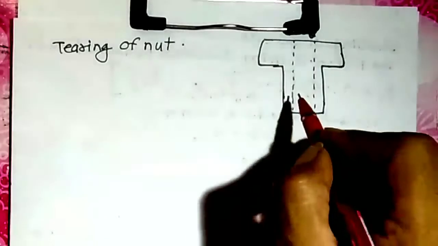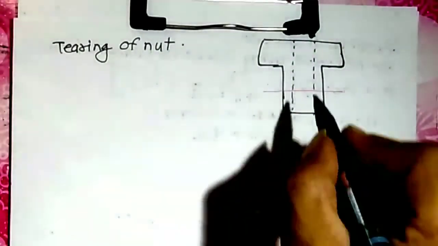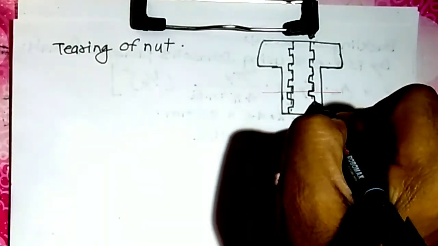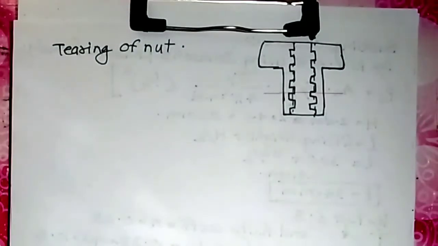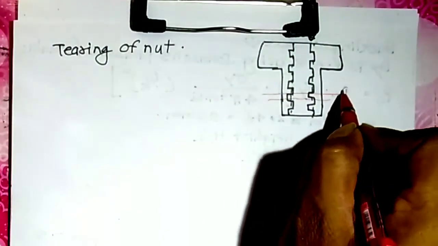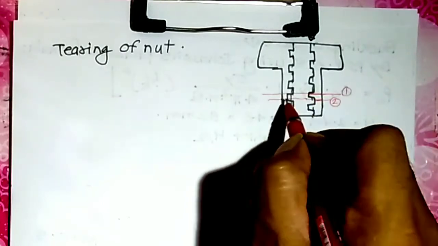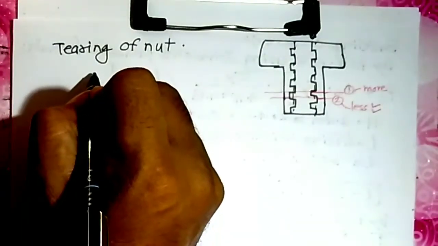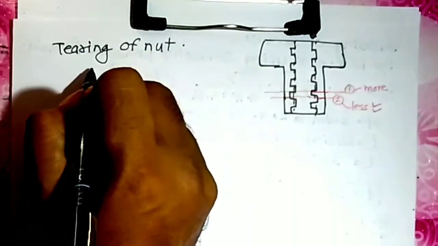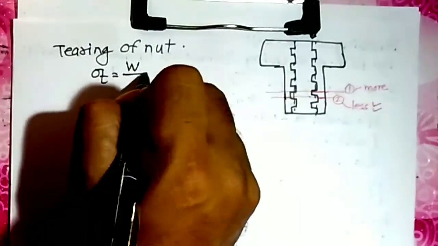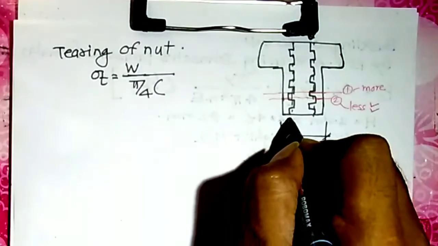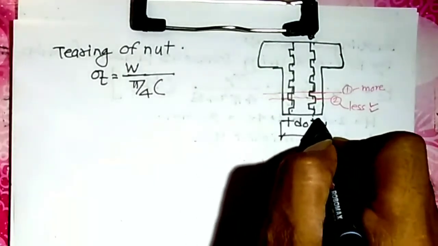Now after shear, let us consider tearing of nut. So tearing of nut will happen on DO and D1. So sigma T is the tensile failure, W upon area resisting failure, which is going to be the area between D1 and DO. I will explain this. Let us take this is a nut and these are DO and DC. The screw will pass through it. Now if you see, the area resisting failure is the least area between D1 and DO or D1 and DC.